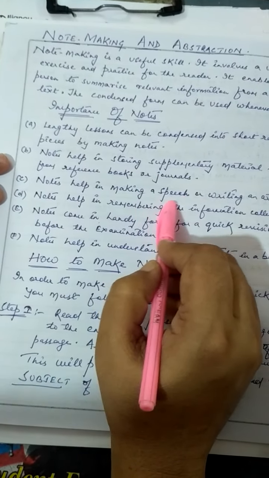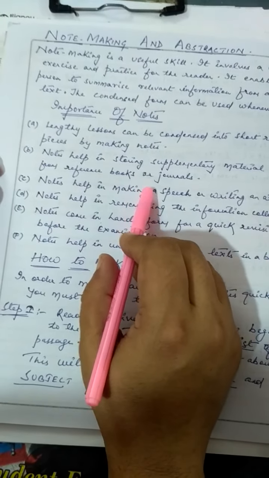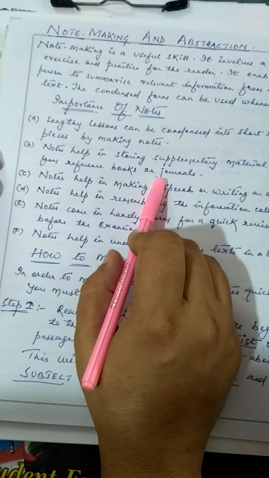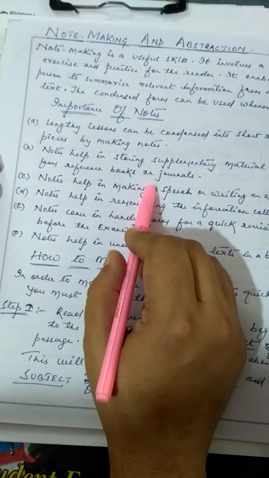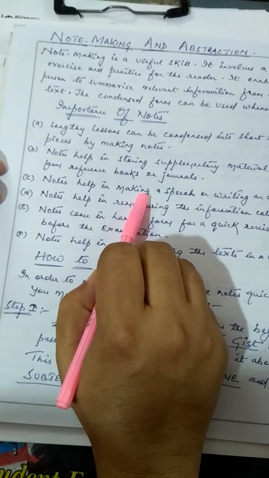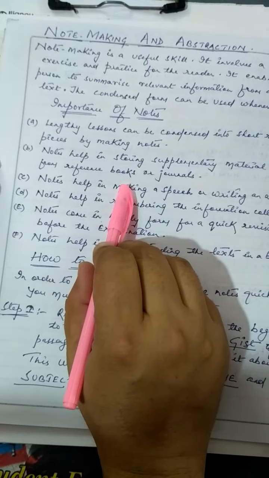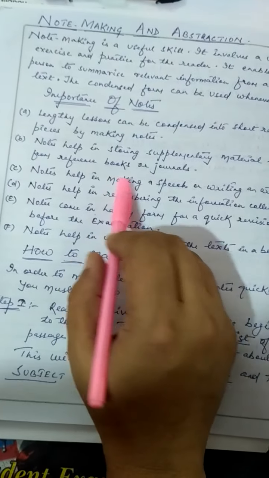For example, if I told you to give a speech tomorrow on this topic, right? Now you go home, make a proper note, and remember that script, and tomorrow you will give that speech. Clear?